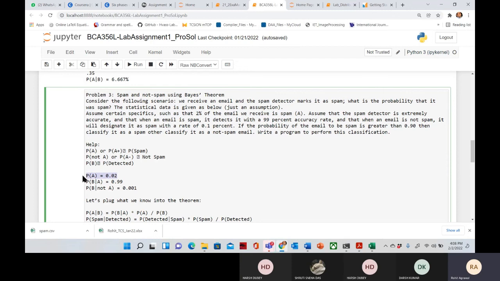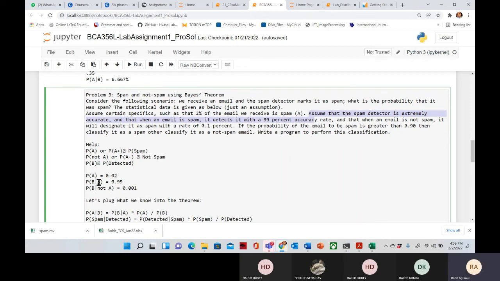Now, the spam detector is extremely accurate, and when an email is spam, it detects it with 99% accuracy. So P of B given A, it is already given it is spam, and B means detection.